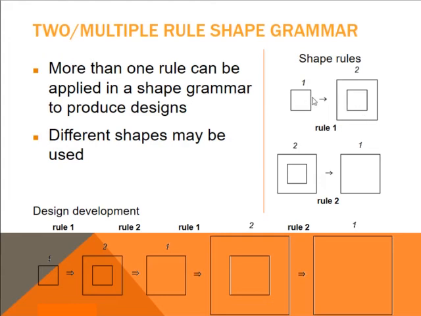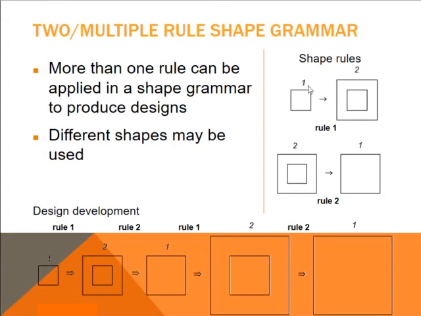Okay, shape rule number one. So this number one is basically the original size of the square. And then you apply rule number one, where it specifies that you also add another square, but in a bigger size, okay, a scaled up version of the initial object.